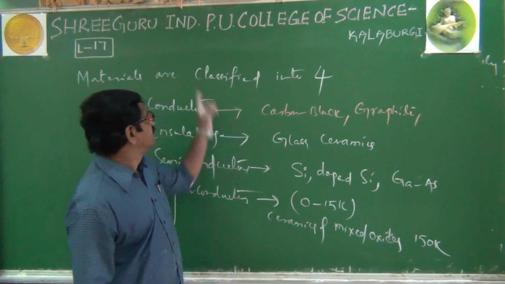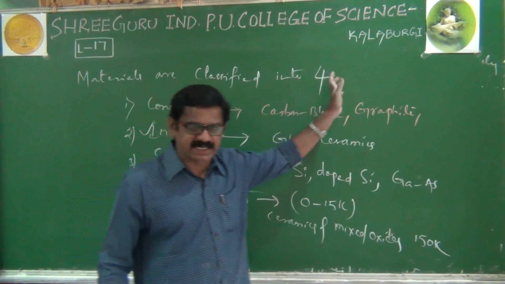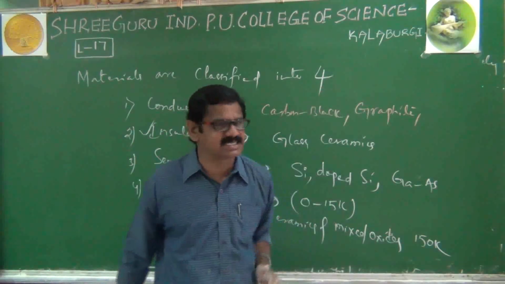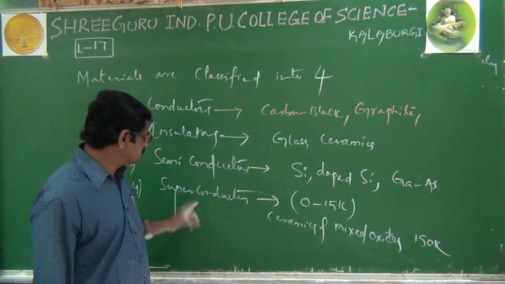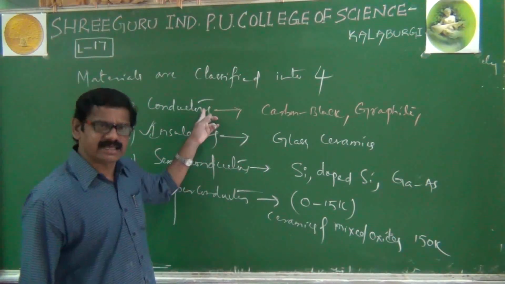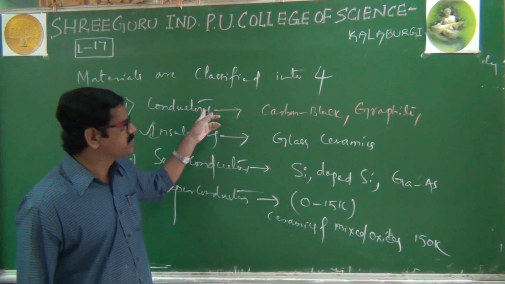I'll repeat once again. Materials are classified into 4 categories based on their conductivity tendencies: conductors, insulators, semiconductors and superconductors.